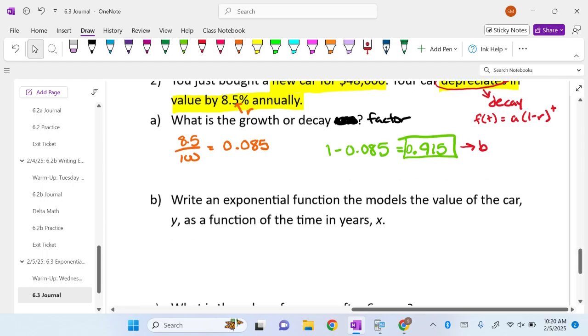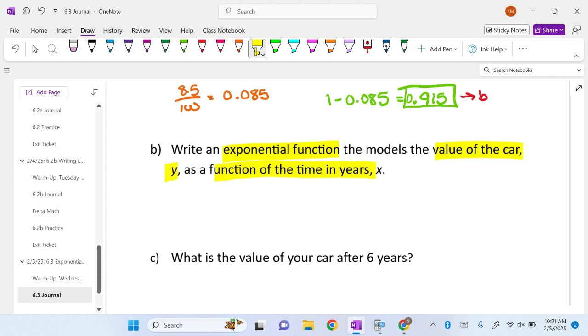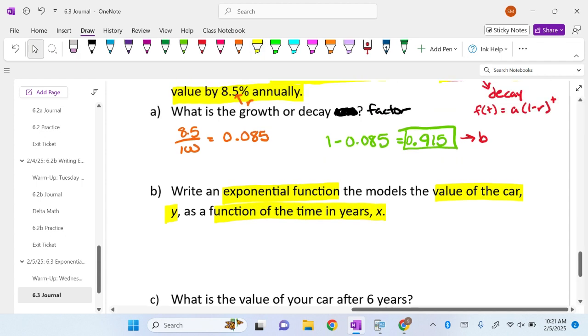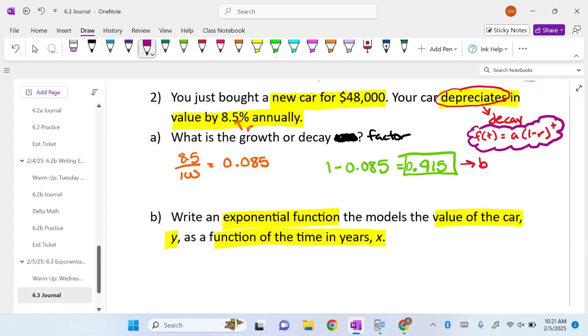And again, that will help us in the next part, which is to write an exponential function that models the value of the car as y as a function of the time in years x. So first off, we're still using this formula. We already know what our B value is, the 1 minus R value. What's my A value here? Where did I start? $48,000.